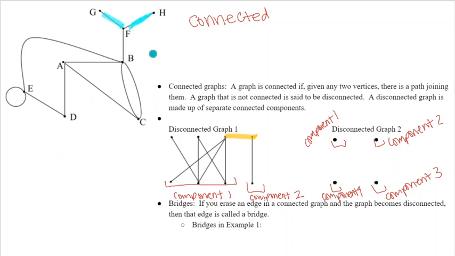If we erase that edge, H would become an isolated point. And then BF, if we erased this, then GFH would be disconnected from the rest of the graph. So we have 3 bridges here: GF, HF, and BF. Those are our bridges.